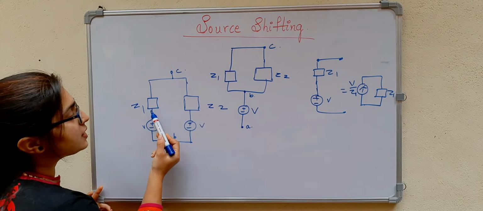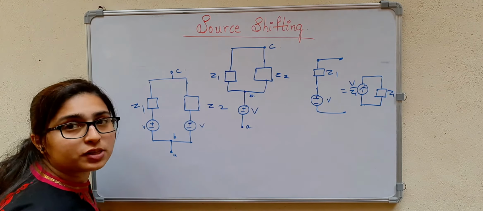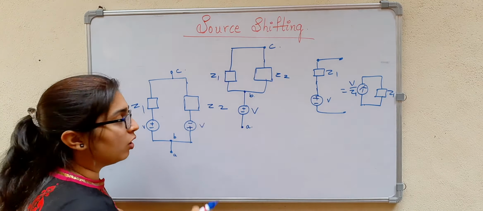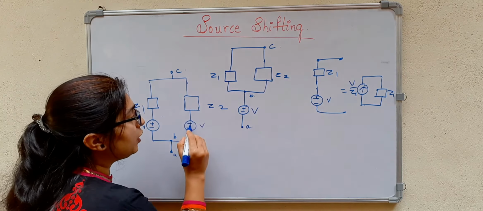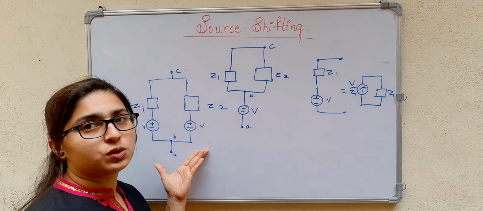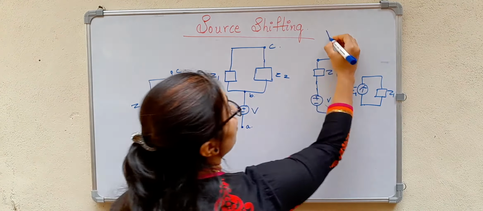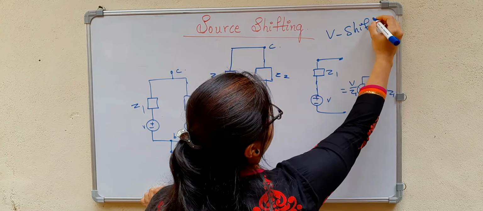Now here also we can see Z1 is connected to positive, here positive. If by any chance you write it like this, this will be wrong. So make sure that you are writing the polarities of the voltage source properly while shifting your voltage source. This is also called the V-shift technique.